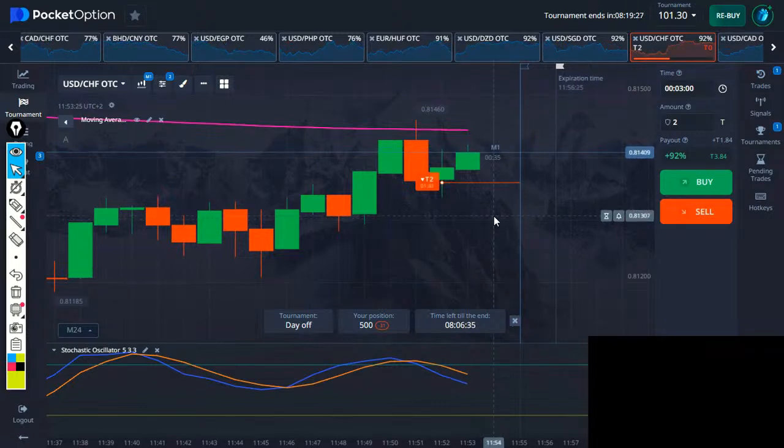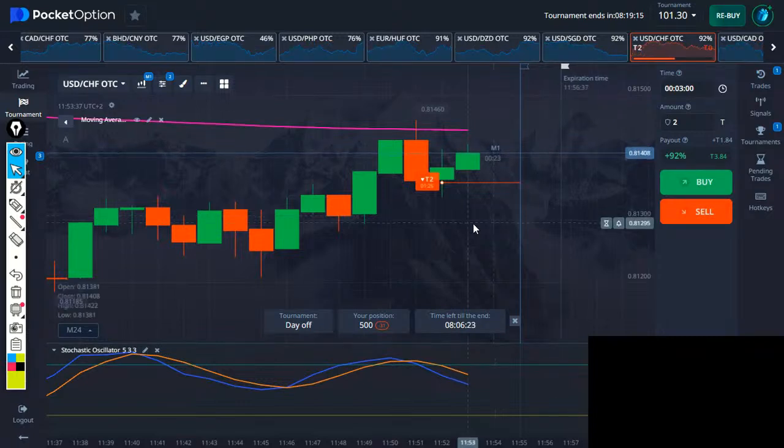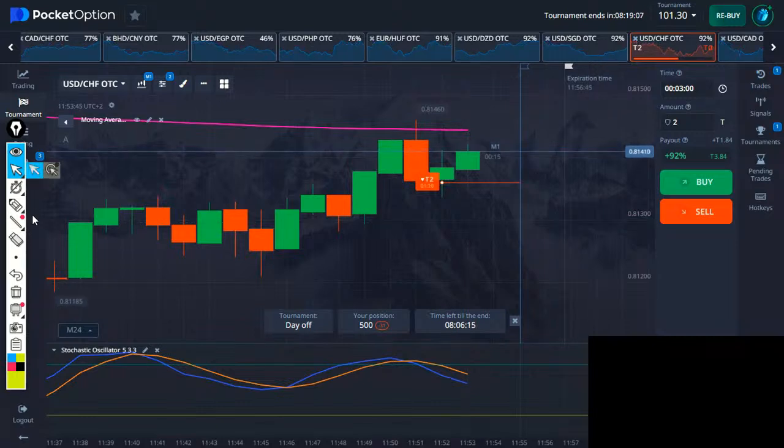One minute and a half left. We took this trade exactly at the crossover of the stochastic over here.